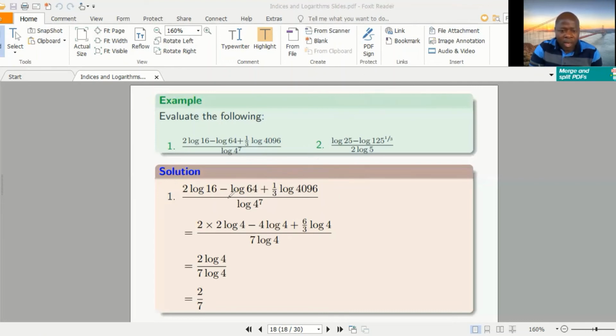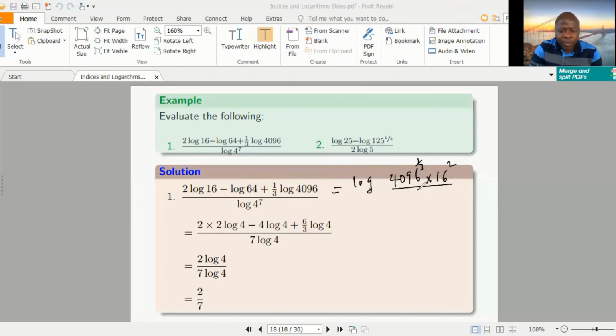The other one is when I wanted to multiply. In fact, I wanted to say that the numerator will be the log of 4096 raised to a third times 16 raised to 2 divided by 64.